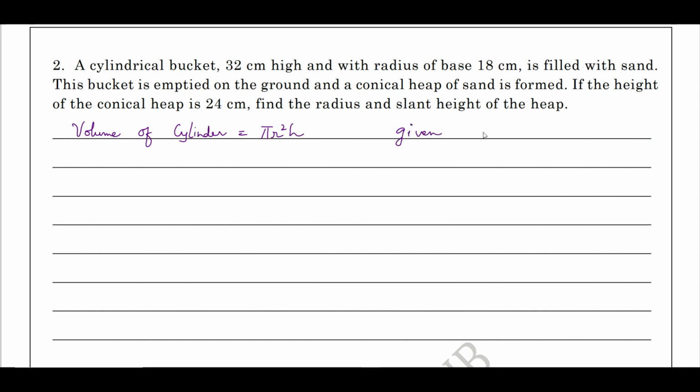Given height of the cylinder is 32 centimeter and radius is 18 centimeter. Substitute here, what you get? Keep the pi value as it is. Students, don't try to substitute the pi value in the initial step. Try to substitute the pi value at the end, so that the simplification will be very easy.